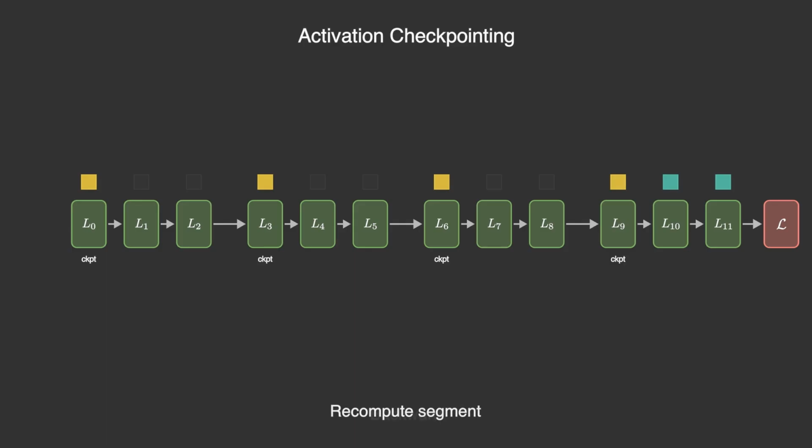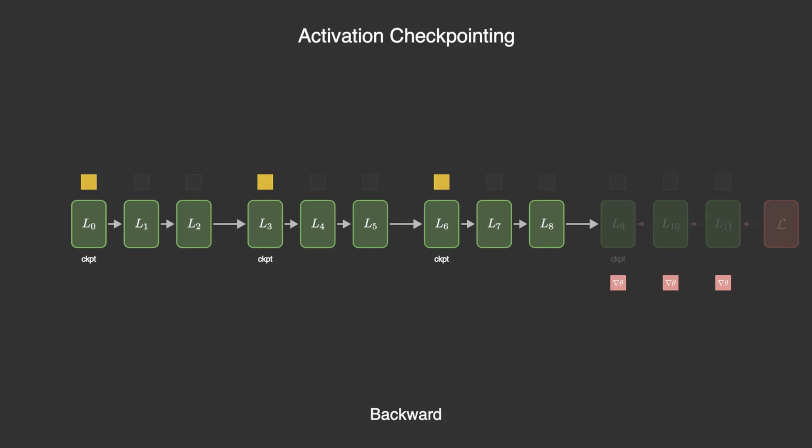Now the backward pass. Before backpropagation through a segment, we recompute its activations from the checkpoint. And that's the trade-off. We rerun part of the forward pass. Then gradients flow normally and we free the memory. Same process, segment by segment, right to left. Recompute from the checkpoint, backpropagate, discard.